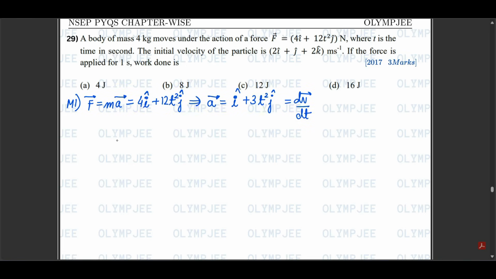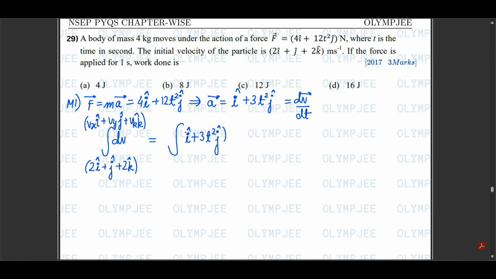So dv from 2 i cap plus j cap plus 2k cap to some vx i cap plus vy j cap plus vz k cap. We integrate this, and on the other side we get i cap plus 3t square j cap dt from 0 to any time t.